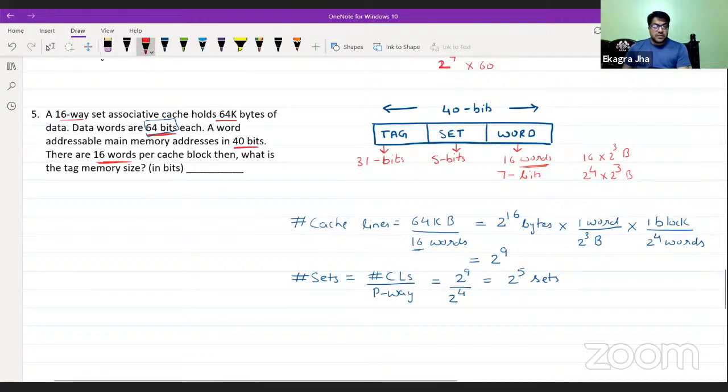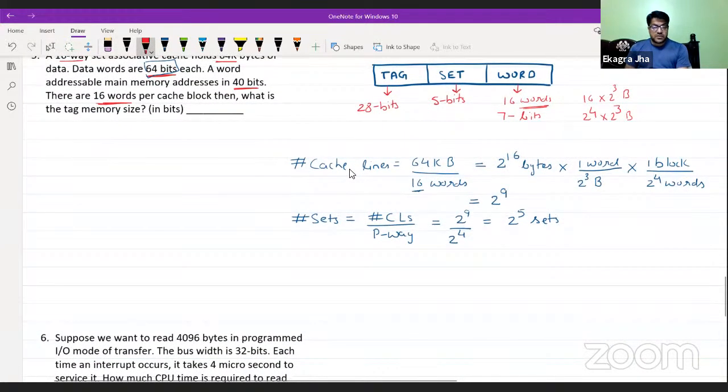Okay, so let me correct the tag bits also. So if we have 5 bits of set and 7 bits of word offset, this will make 12. So out of 40, if 12 is gone, the remaining is 28 bits for the tag memory. Okay, so 28 plus 12 is going to be 40. Fine, this is now okay.